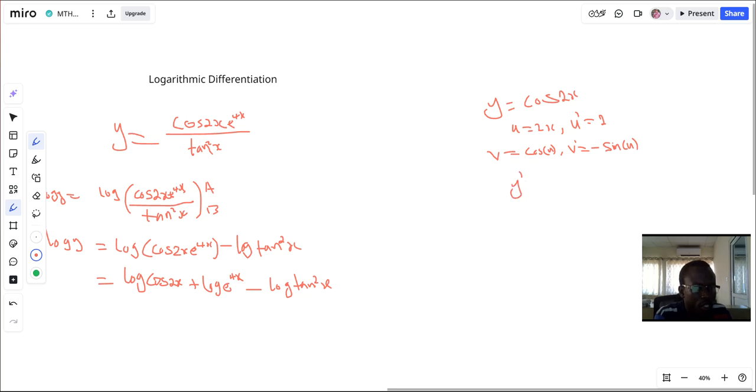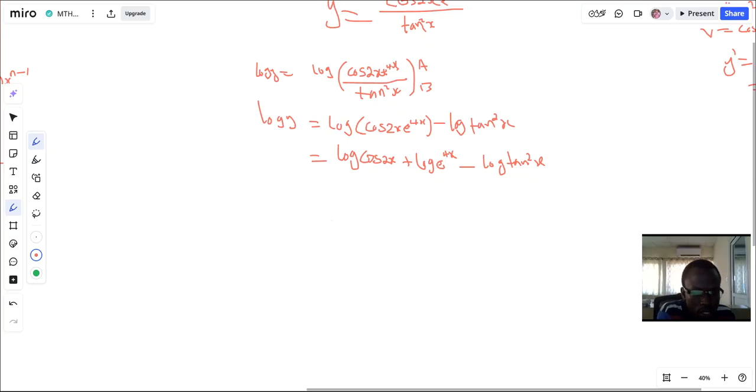So y prime is equal to minus sin u times 2, which is minus 2 sin u, and if we replace u with 2x, this will be equal to minus 2 sin 2x.